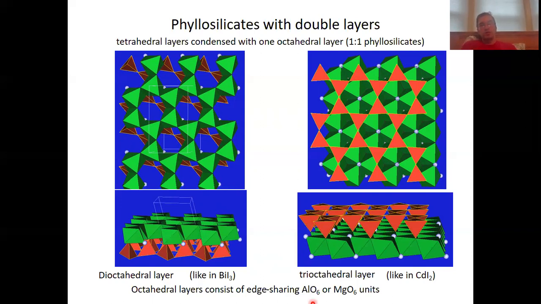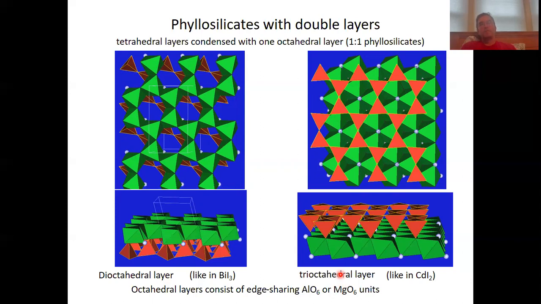So these octahedra would therefore be either AlO6 or MgO6 octahedra. If the element is aluminum, then these octahedral layers are so-called dioctahedral layers. And when the cation is magnesium 2+, then we have trioctahedral layers.